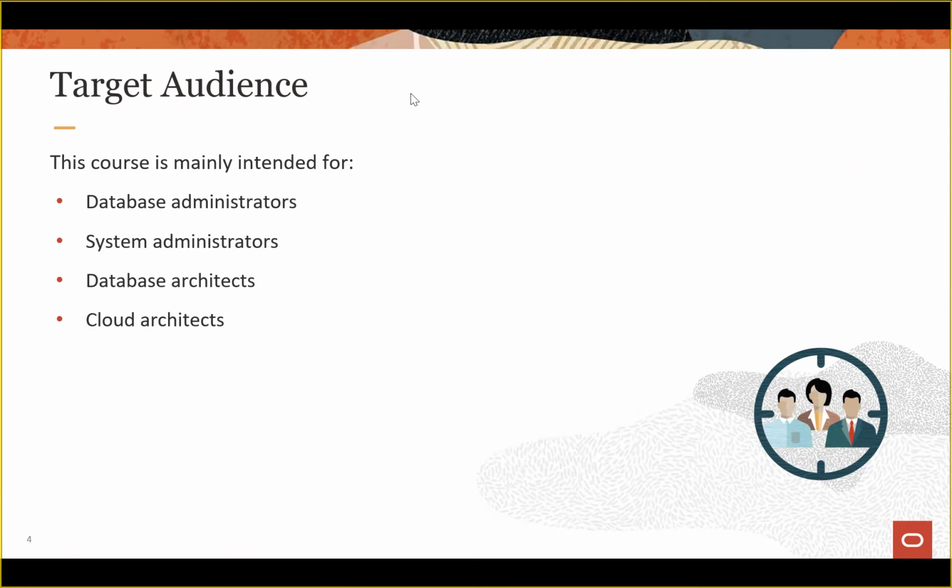Last but not least, cloud architects, similar to database architects, can also attend this course. That will give them a clear picture of how they can play the architect-level role if their database is running over the cloud, over the Oracle OCI platform.